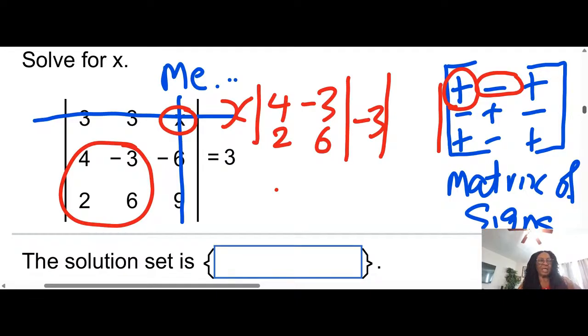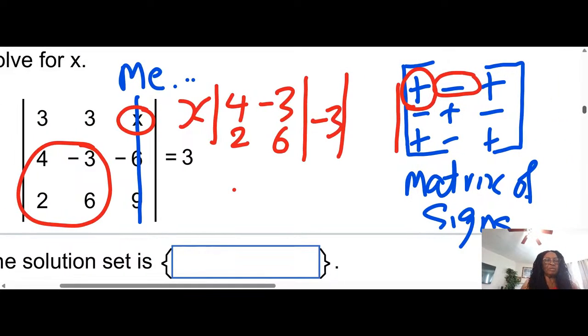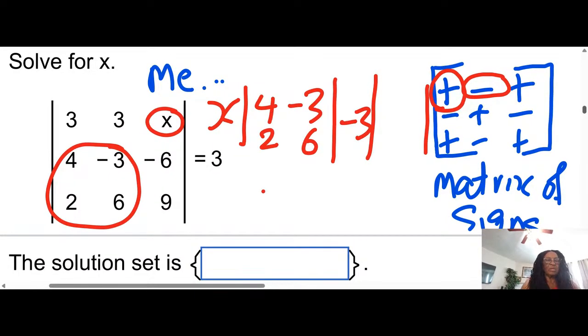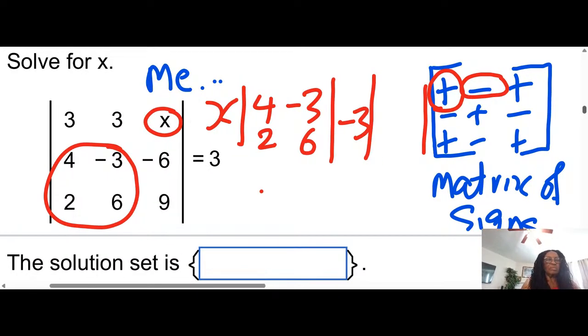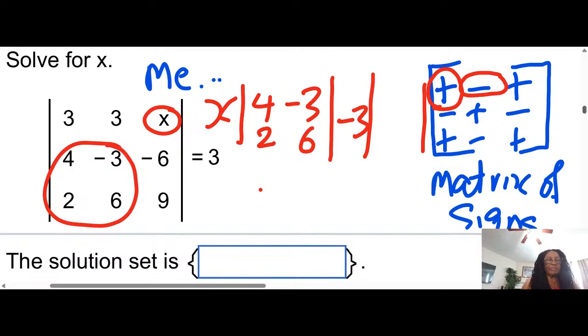Then I will collect my 2 by 2 matrix. So how do I collect my 2 by 2 matrix? Let me clean up a little bit. I need to collect my 2 by 2 matrix. So negative 3.